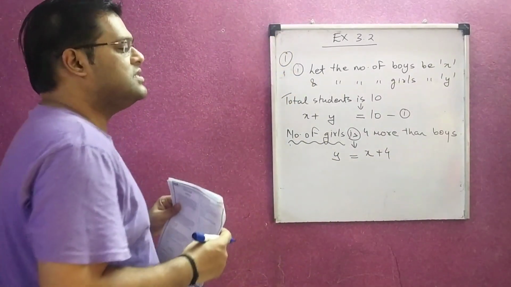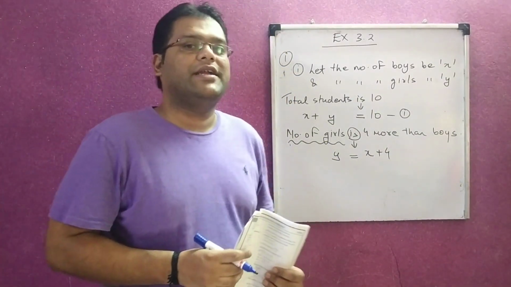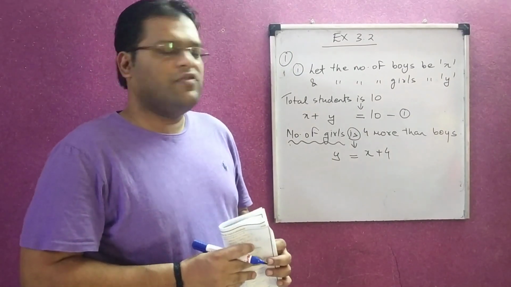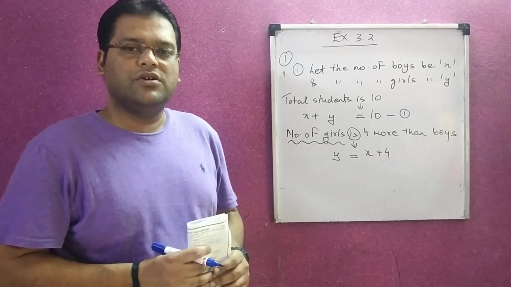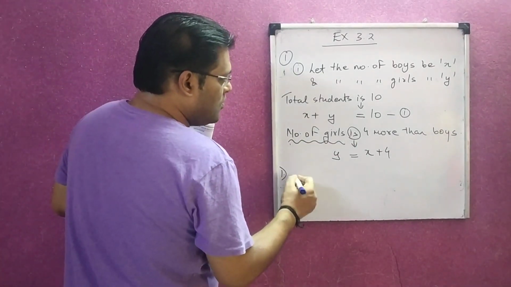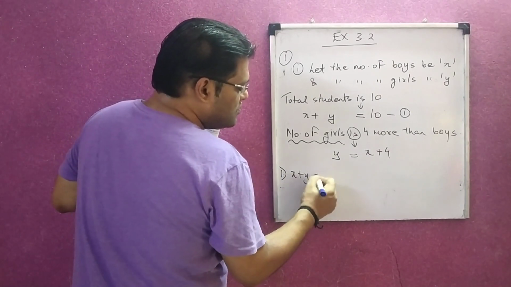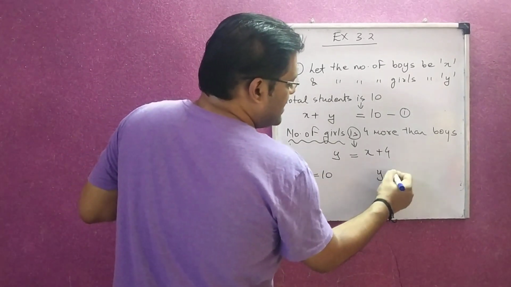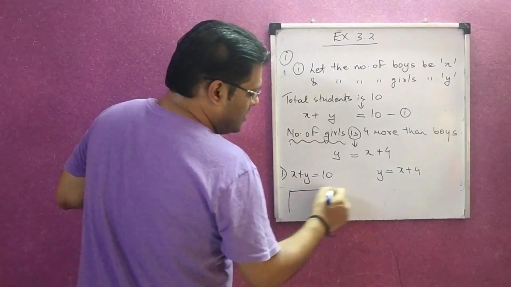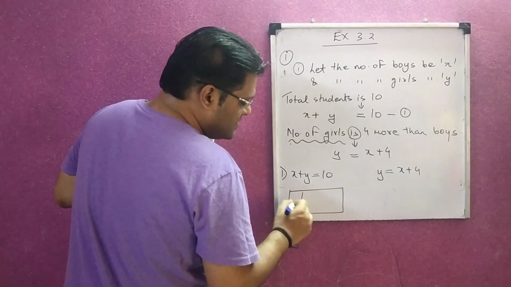So you have y is equal to x plus 4, that is your second equation. Now to plot the graph for both of these equations, you are going to make two tables. One is for x plus y is equal to 10 and the second is y is equal to x plus 4.